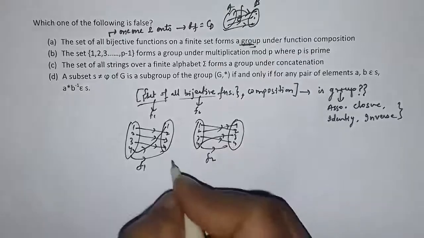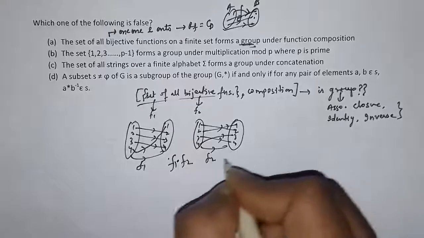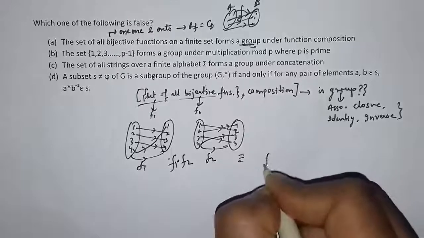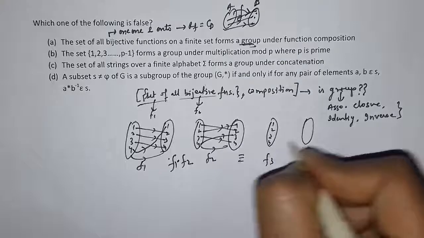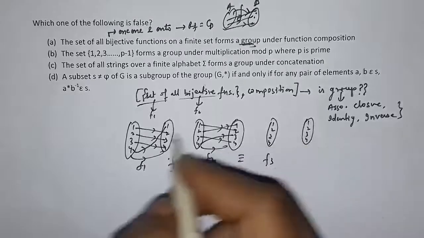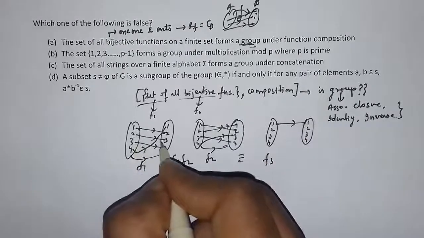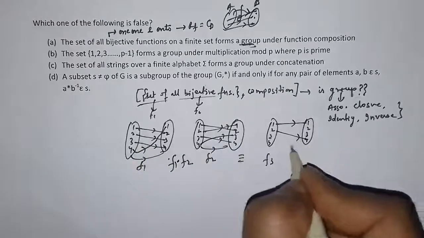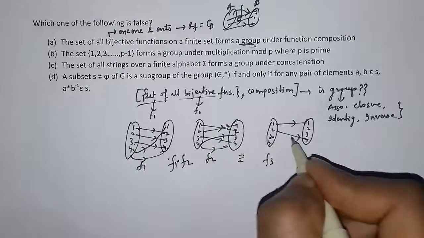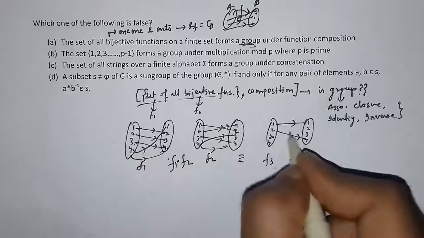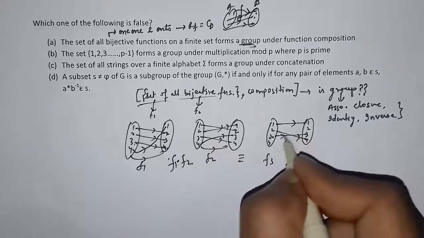When we apply function composition, that is f1 dot f2, we will get a third function f3, which is 1 2 3 4, 1 2 3 4, 1 to 2, 2 to 1, 2 to 3, 3 to 4, 3 to 4, 4 to 3. Am I correct? 3 to 4, 4 to 3, yes. 4 to 1, 1 to 2.